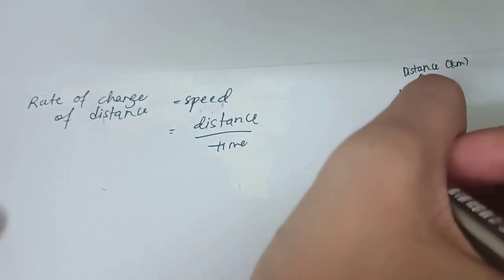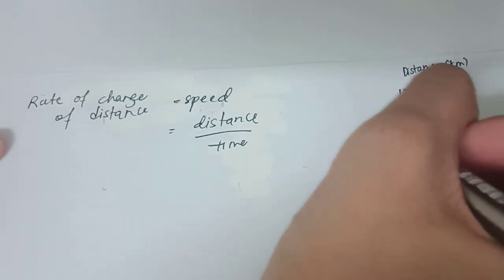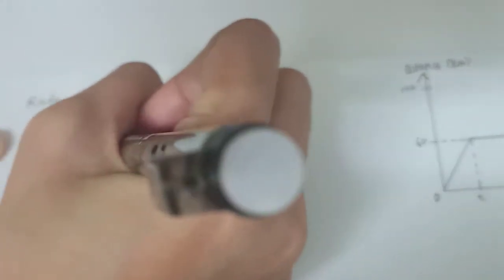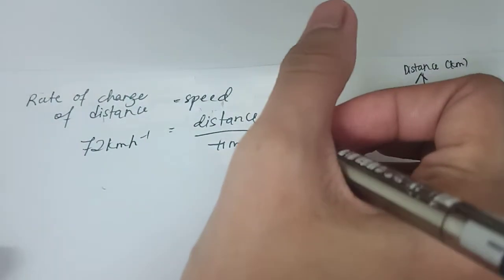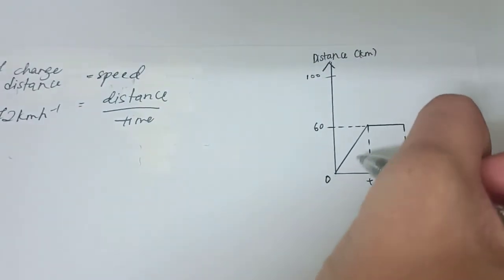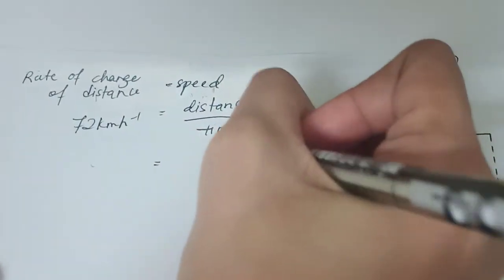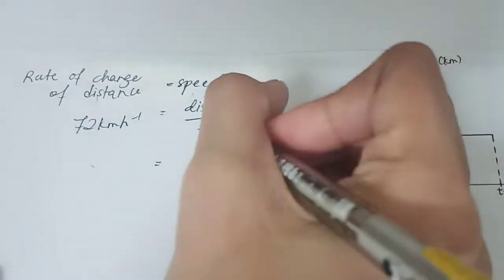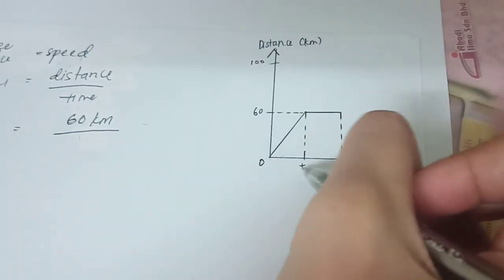I hope you still remember. Now the rate of change of distance given in the question is 72 km per hour. For the first 60 kilometer, our distance is 60 kilometer, and the time is T1.